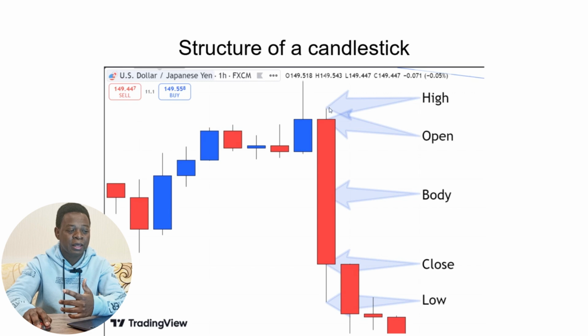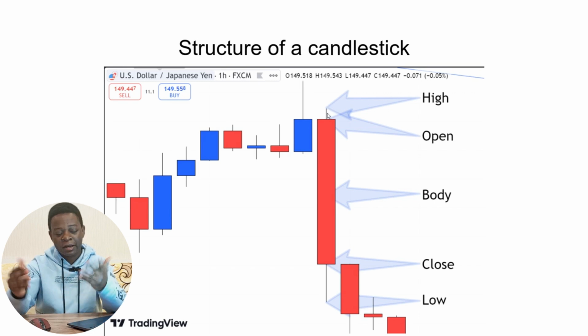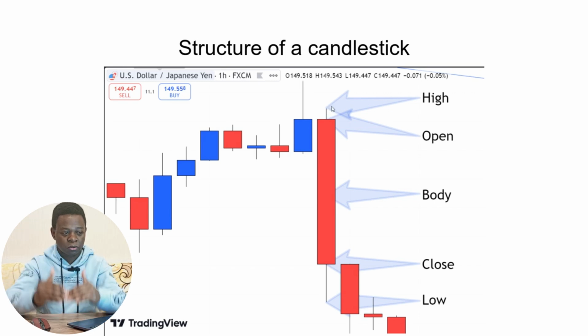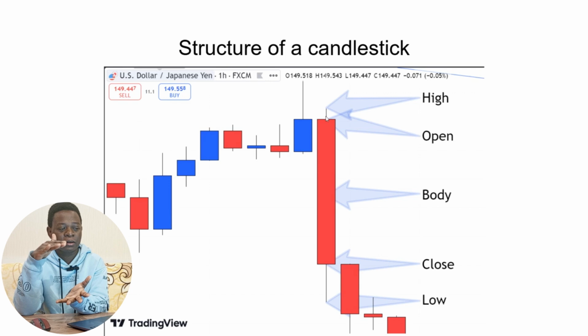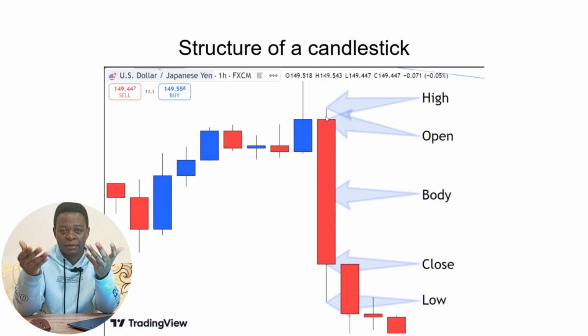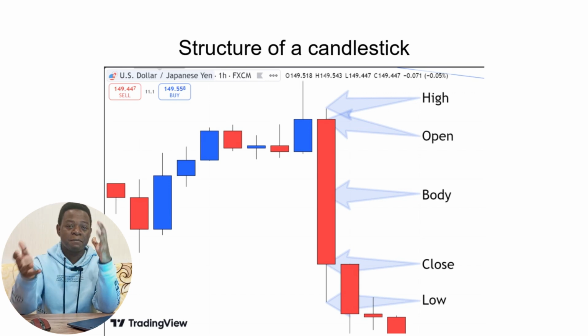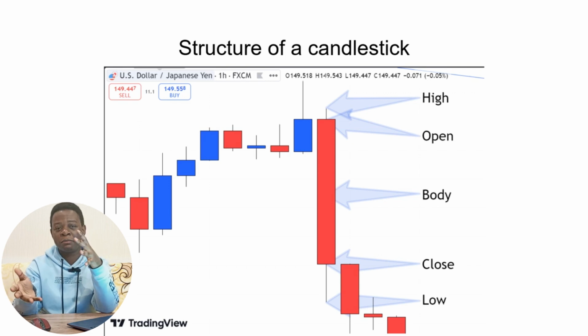They created a high here, but bears stepped in and pushed the market further below, which means the buyers didn't have enough pressure to push the market higher. You can see this wick here. The length of the wick can determine the strength of the buyers or the sellers, and the size of the body can determine who is in control of the market.